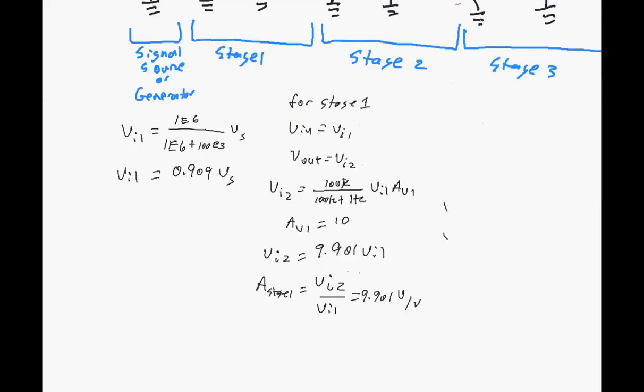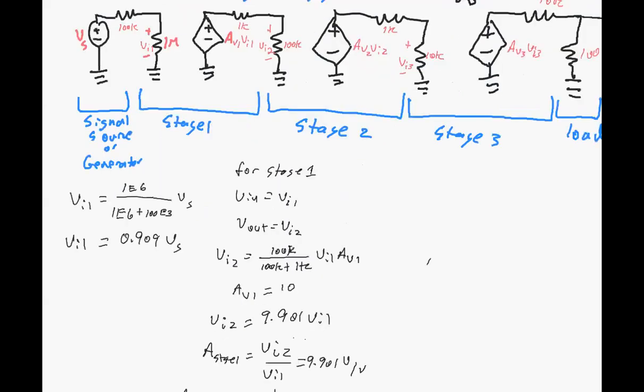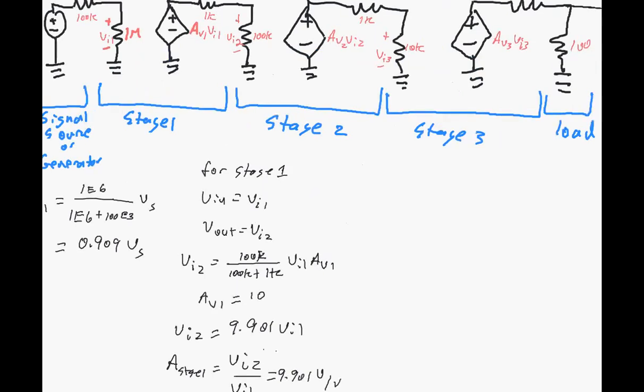And if we do 20 log of 9.901, that would be 19.9 dB. And we can figure out all the rest of these. I won't go on in quite such long detail.